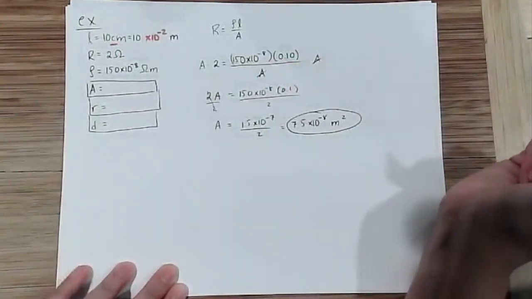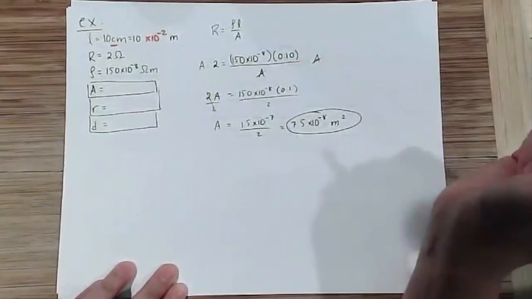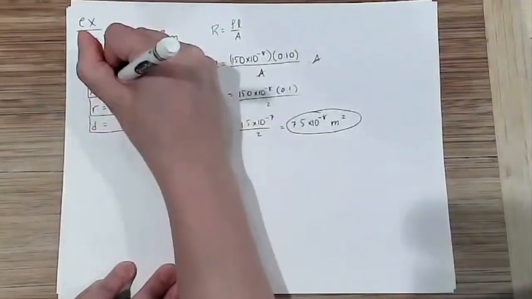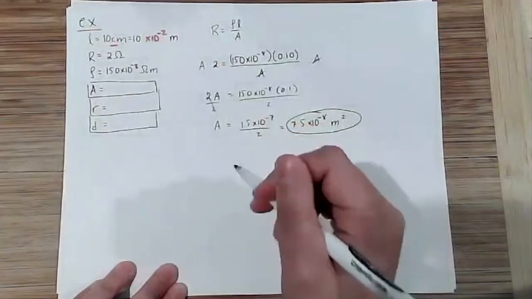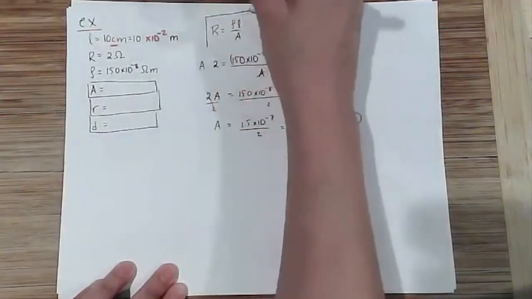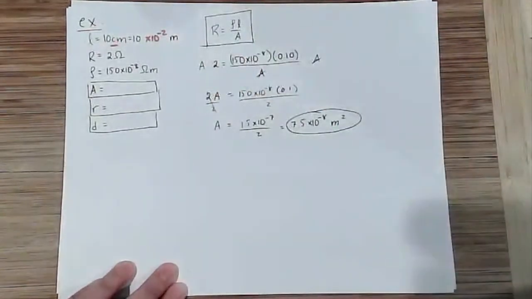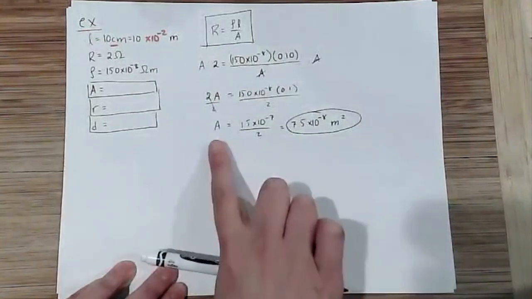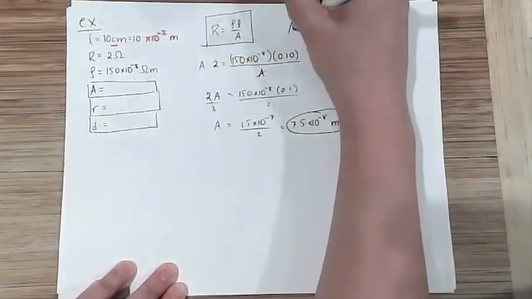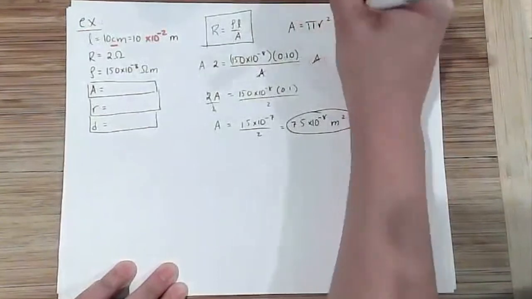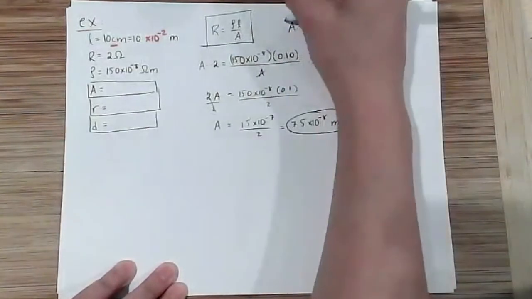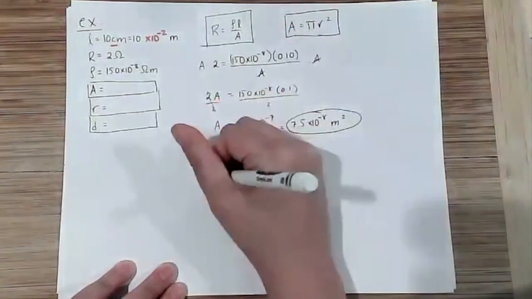Cool, so I found the area. How do I change from area to radius? Well, now I'm going to pull out the area equation. I used up my resistance equation, so I can't use that. Area of a circle is pi r squared. So if I know A, I can find r. Let's do that.